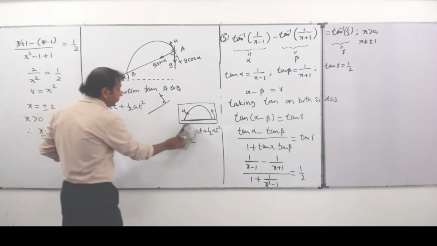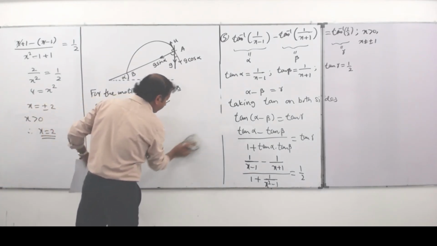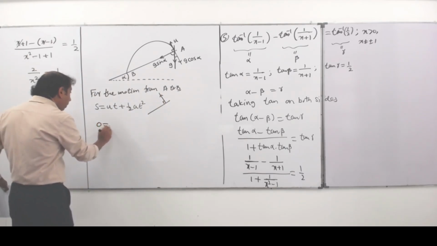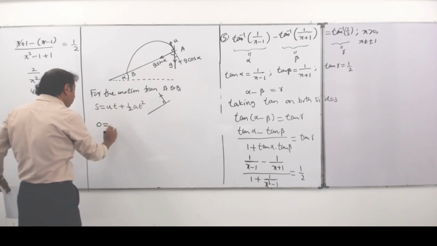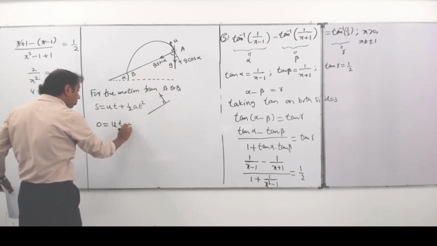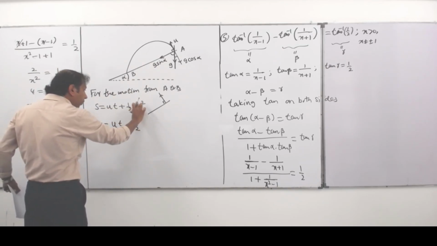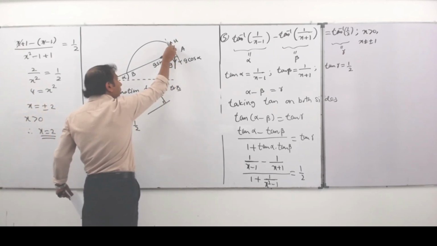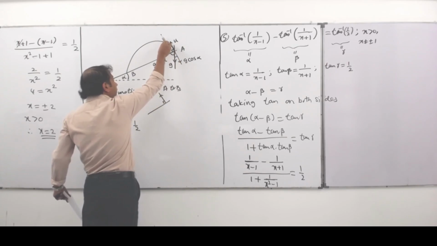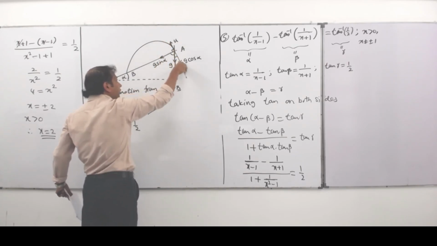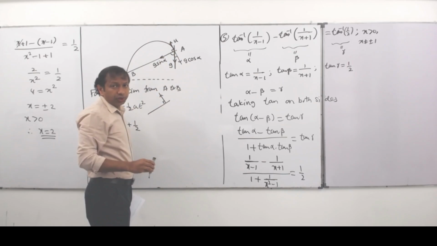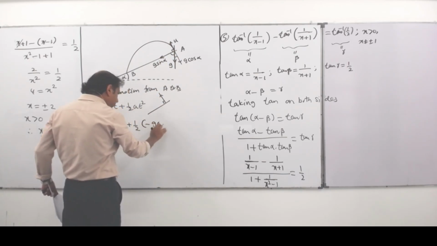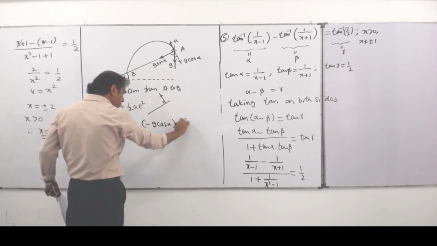So therefore we get S equals 0. In the perpendicular direction, the displacement is u t plus half a t squared. Along this direction, the acceleration is pointing this way, g cos alpha. Therefore that is minus g cos alpha times t squared.